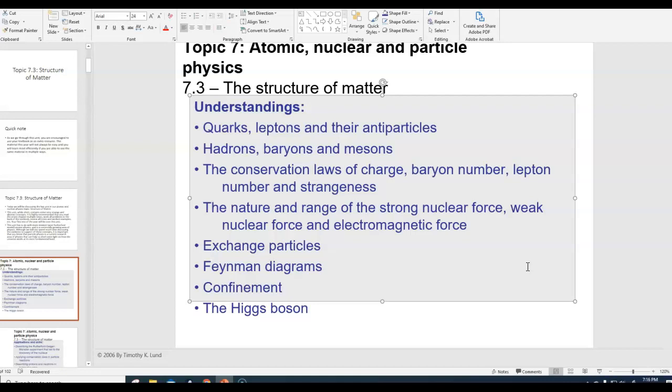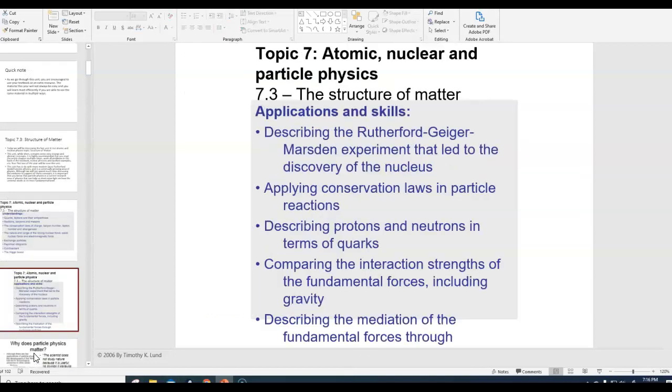The nature and range of the strong nuclear force, weak nuclear force, and the electromagnetic force. Now, those forces we have referenced before. We'll go into a little bit more detail about those. Exchange particles, Feynman diagrams, confinement, and the Higgs boson. Okay, so a lot of interesting stuff in here that we will get to in 7.3. And if you don't know what quarks and leptons are, those are types of particles. And again, we'll talk about that later on.